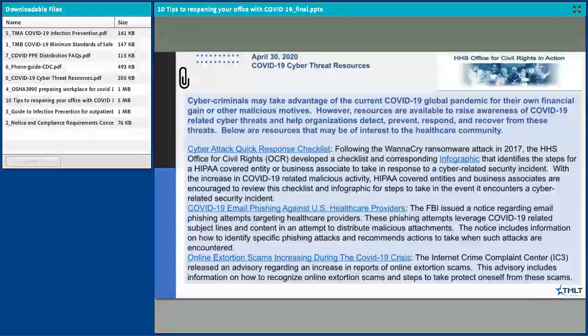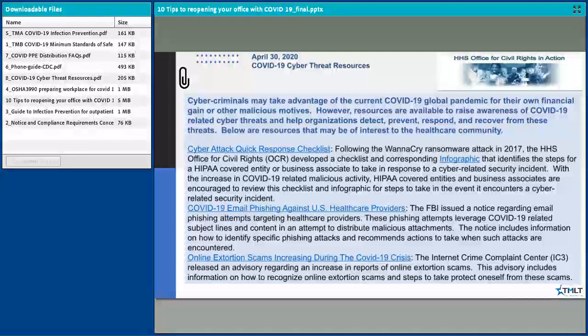Last but not least, last week, the U.S. Health and Human Services Office for Civil Rights sent out an emergency cyber threat notice that cyber criminals are taking advantage of the current COVID-19 global pandemic for their own financial gains and malicious motives.